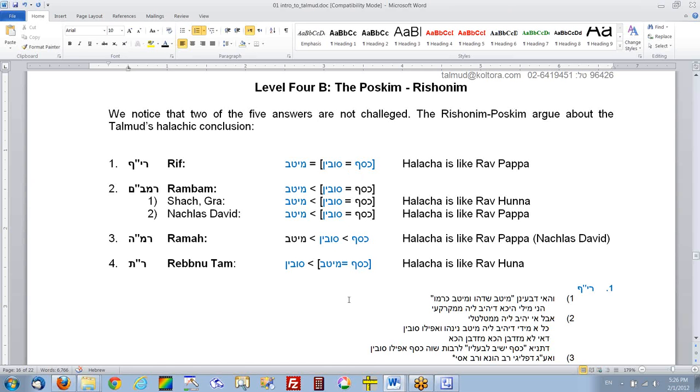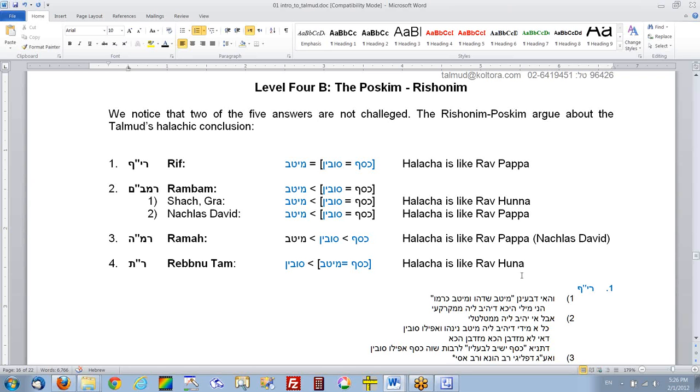He says Kesef or Meitav, and then if you don't have it, you give Subin. Okay, so that's the setup of the Rishonim, and as I said, we're going to investigate them. It's going to take us time until we clearly understand the situation, but we're giving a broad analysis.